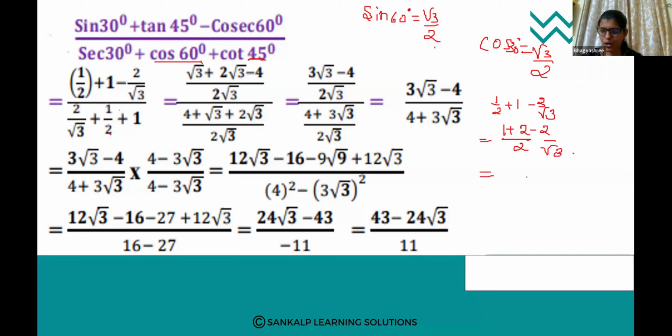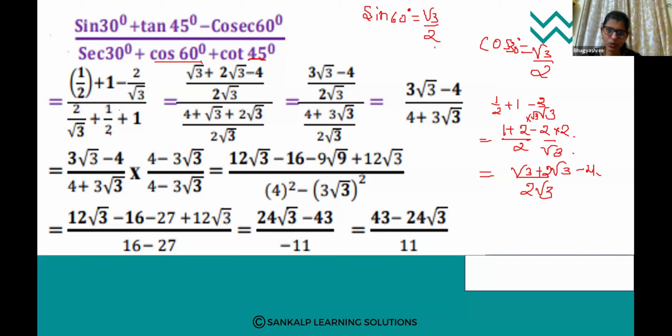Next, 2 into root 3. 2 into root 3 means 1 plus 2 divided by 2. Here root 3 is not there, so we'll multiply by root 3. Here 2 is not there, so we'll multiply by 2. 1 plus root 3 into 1, that is root 3, plus 2 root 3 minus 2 into 2, 4. So root 3 plus 2 root 3 minus 4 divided by 2 root 3.